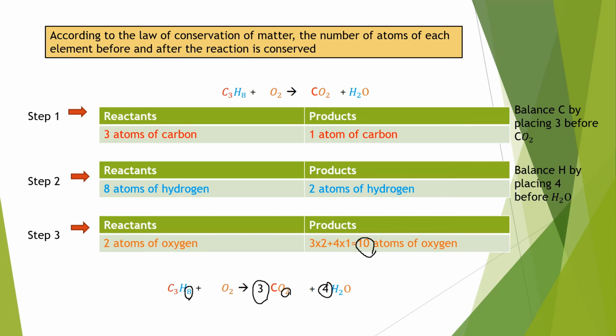So I have 10 atoms of oxygen in the products and I have 2 atoms in the reactant. So I must balance by putting here how much? I must put 5 before O2 in order to make it balanced. Okay, so here the equation is balanced by making these coefficients.